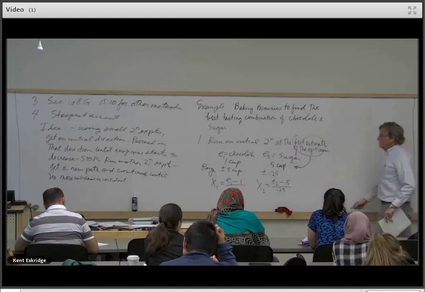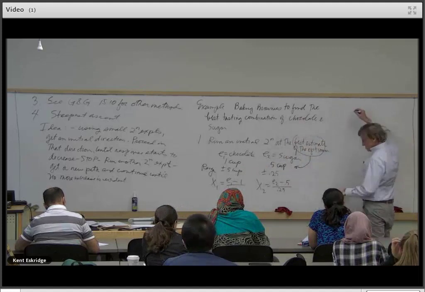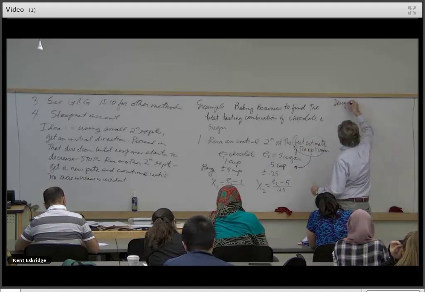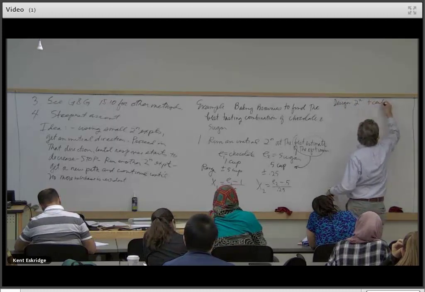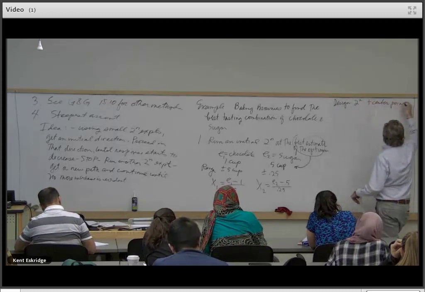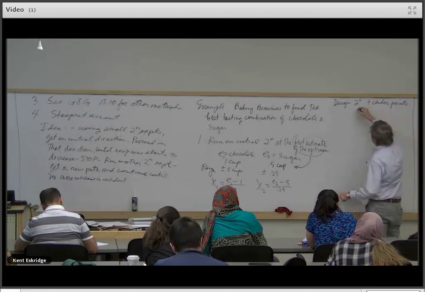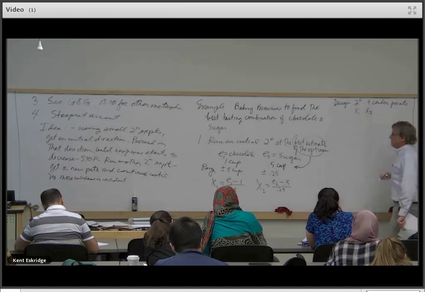Okay, now what I'm going to do is I'm going to have a little 2 by 2 factorial. So what will the levels be? So my design then is going to look like this. The design is going to be a 2 squared factorial plus some center points. Okay, so what's x1 and x2 for the 2 by 2 factorial?